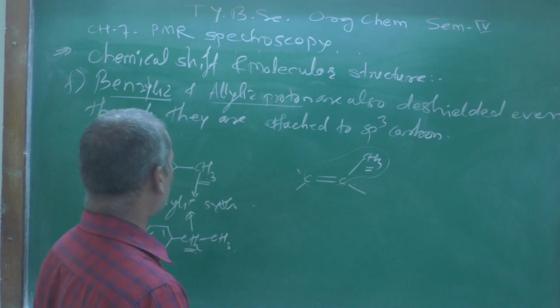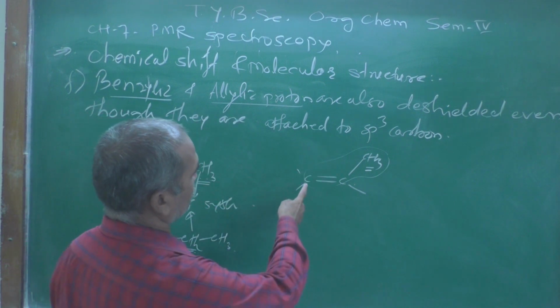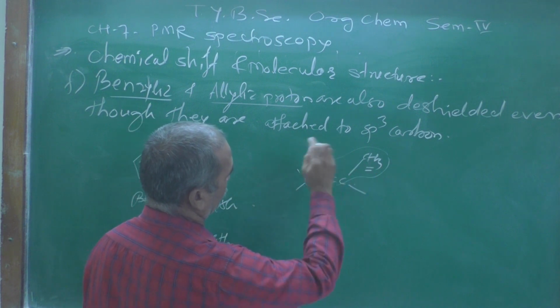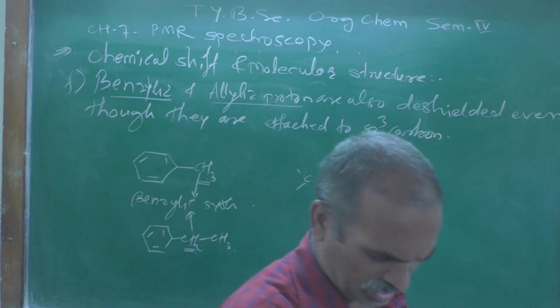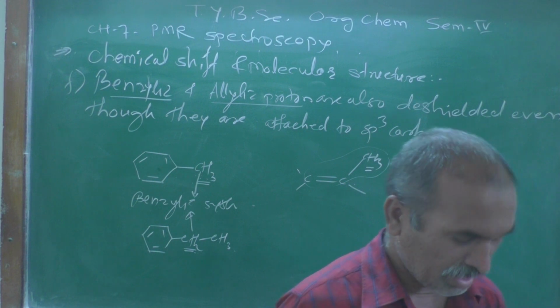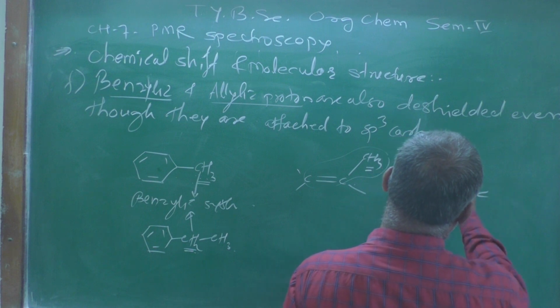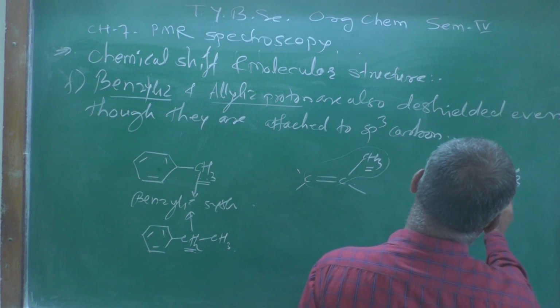So that type of system here, this is an allylic system: a carbon-carbon double bond and then further attached to a methyl group. So this system is known as an allylic system. And suppose the simplest one is there, a carbon-carbon double bond attached to CH3.